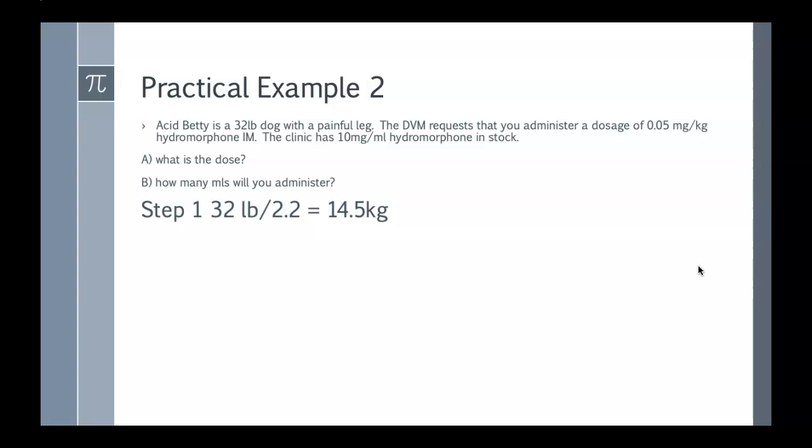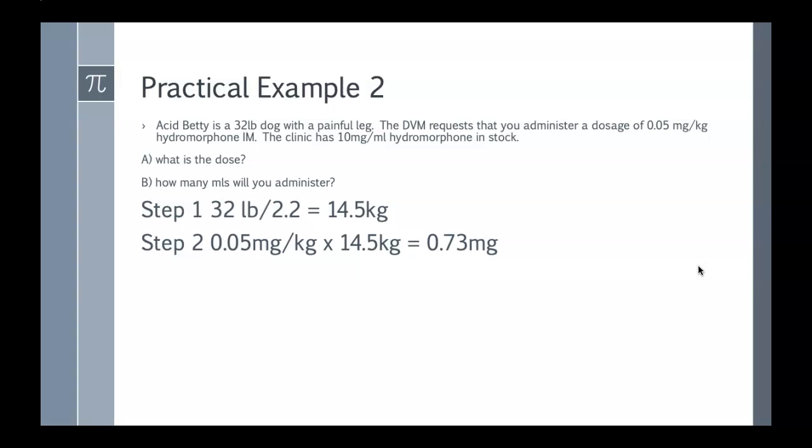Then we need to figure out the dose. So it's 0.05 mg per kg, and we have 10 mg per mil. So let's start with 0.05 mg per kg. We're going to take 0.05 milligrams, multiply it by 14.5 kilograms, and that gives us 0.73 milligrams is the dose. Now, how many mils will we administer? So now we have the dose. We need to divide it by the concentration of the drug. The clinic has 10 mg per mil hydromorphone in stock.